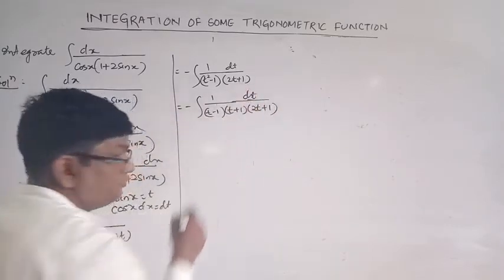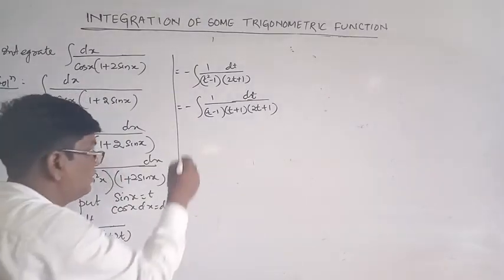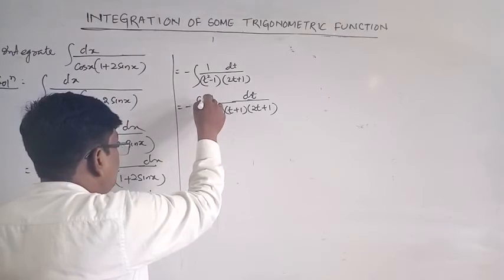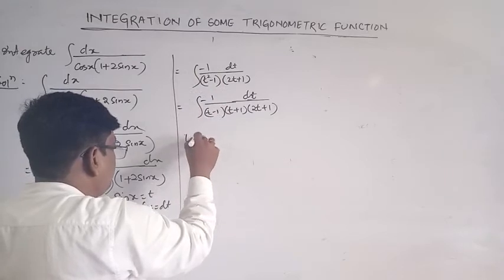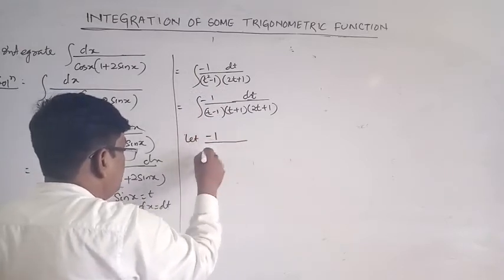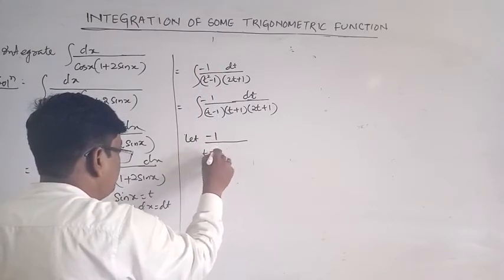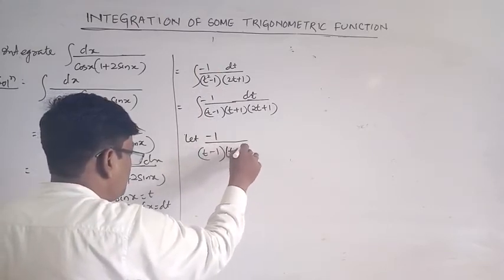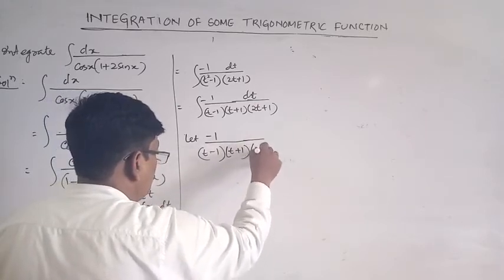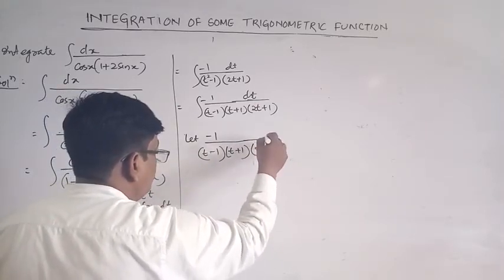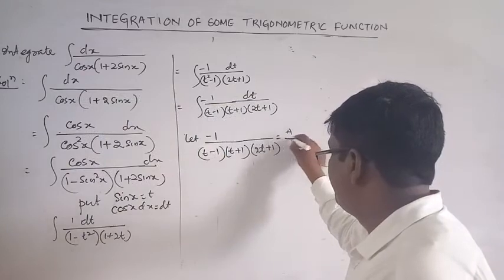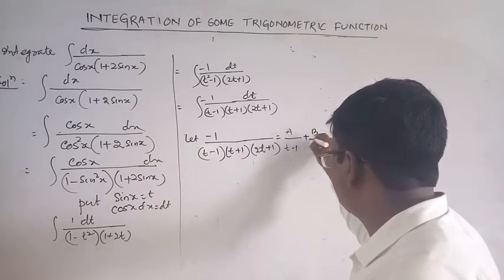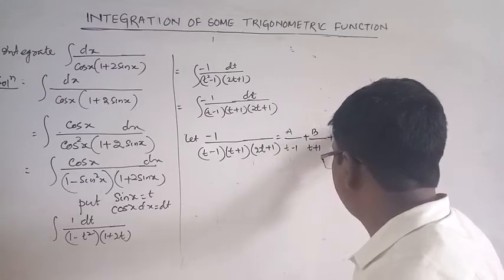Make this into partial fractions. Let this be, suppose, minus 1 by t minus 1 into t plus 1 into 2t plus 1 is equal to a by t minus 1 plus b by t plus 1 plus c by 2t plus 1.